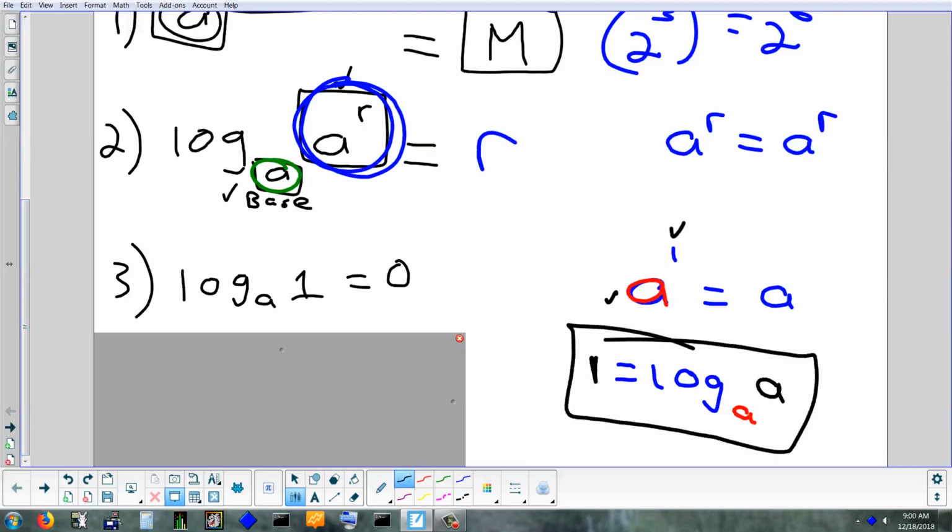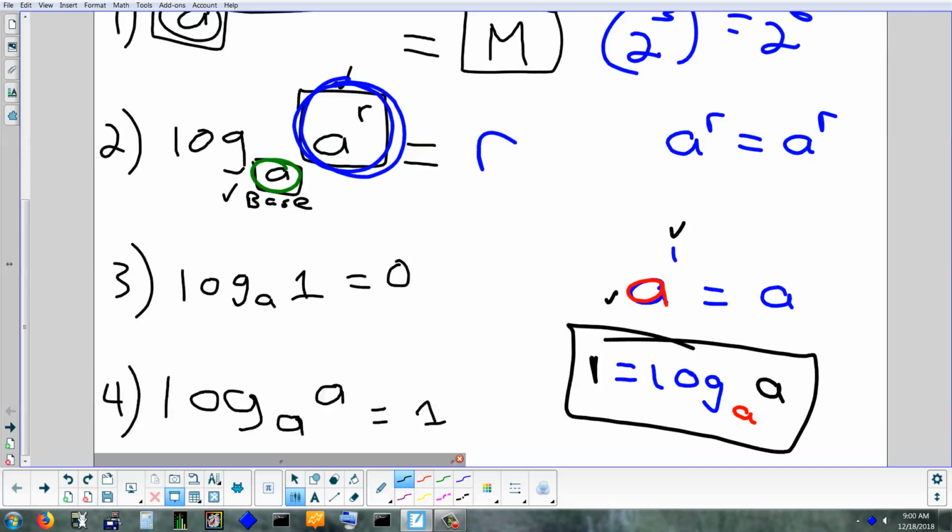And that's the fourth log property. It says that if you take the log and the base and the argument are exactly the same, the answer is always 1. So log base 2 of 2, 1. Log base 7 of 7, 1. Log base A of A, 1. So anytime the base and the argument match, the answer always equals 1.